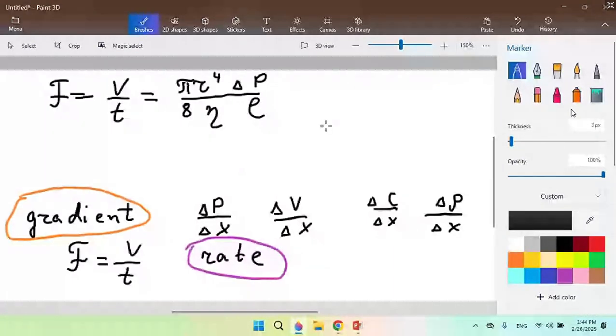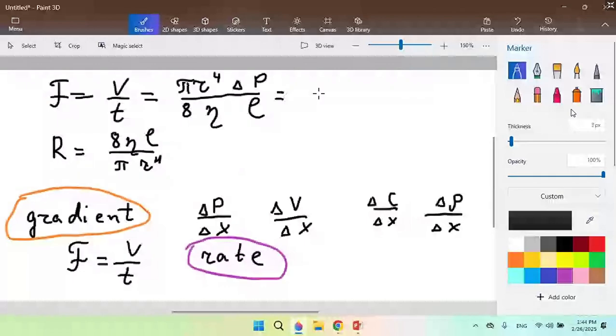And let us introduce the so-called resistance to flow. I'm going to use the symbol R, and let it be the denominator over pi R to the power 4.